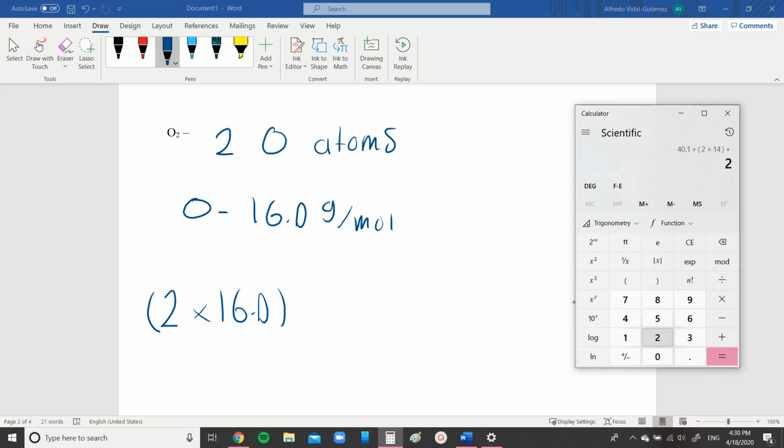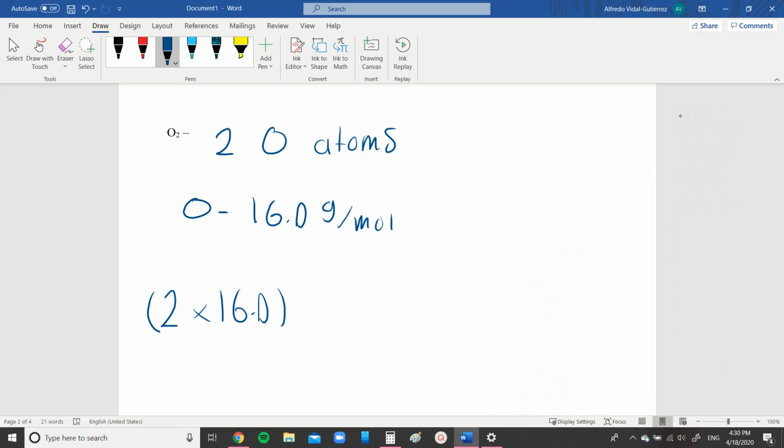When you plug that into the calculator, you'll get 2 times 16. Oops, my mistake. And your molar mass will be 32.0 grams per mole. And so this is the molar mass of O2.